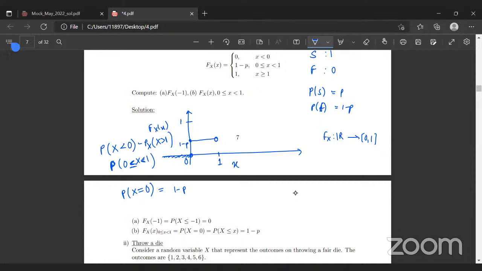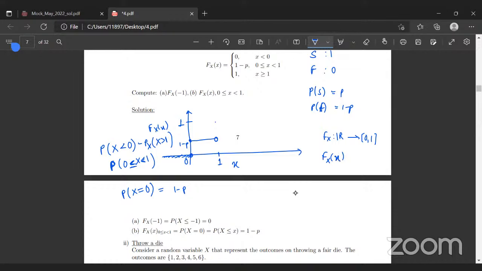And as x is greater than or equal to 1, we have to find Fx at x greater than or equal to 1. So Fx of x where x is greater than or equal to 1.